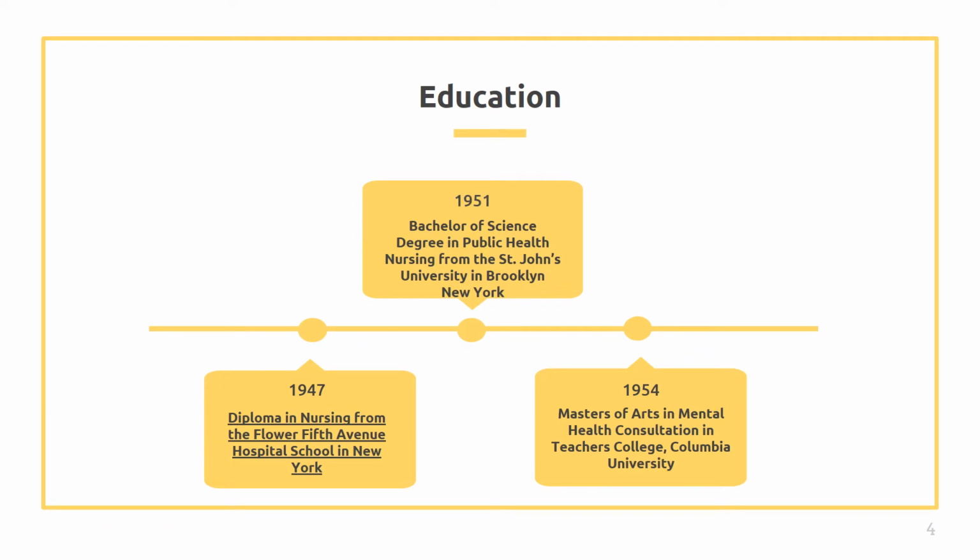In the year 1951, she graduated with a Bachelor of Science degree in Public Health Nursing from St. John's University in Brooklyn, New York. In the year 1954, she received her Master's degree of Arts in Mental Health Consultation in Teachers College, Columbia University.